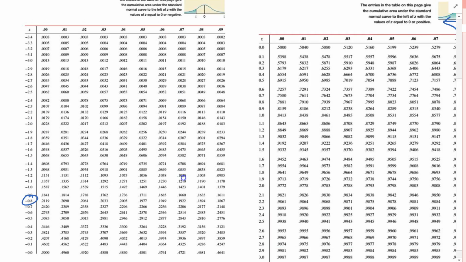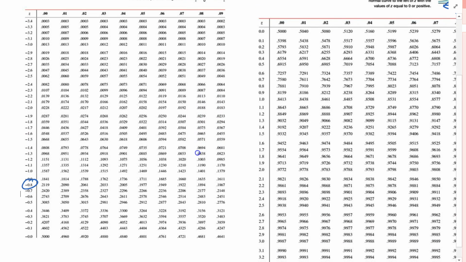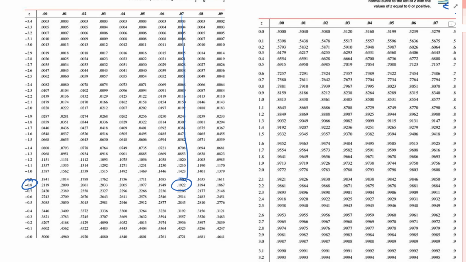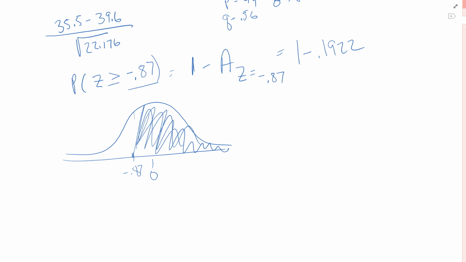And then I find the column that's 7. Drop that down. And I'd have 0.1922. So it's actually going to be 1 minus 0.1922, which would give me an area of 0.8078.